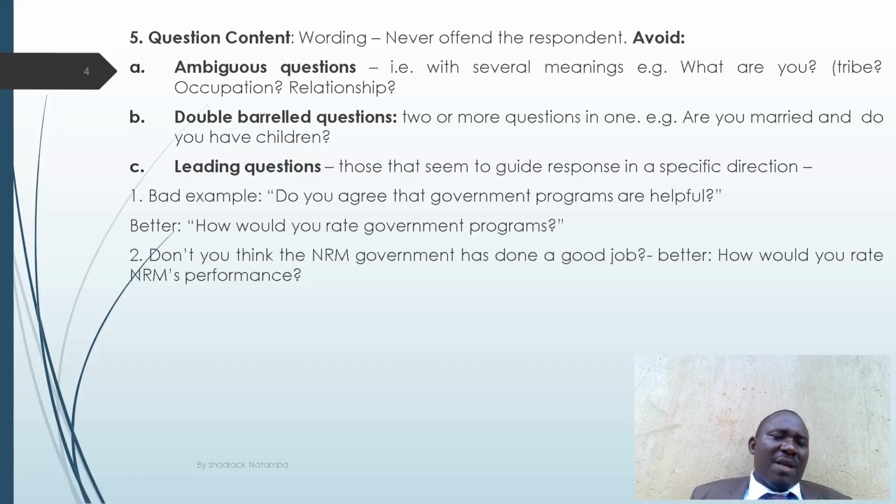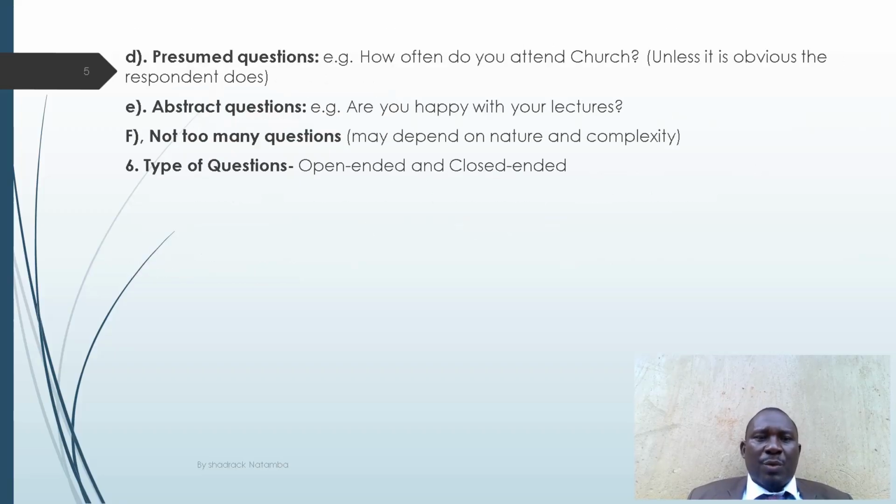The second example I've given here, don't you think the NRM government has done a good job? I think the best way to ask would be, how would you rate NRM's performance? This will help the person rate based on what they actually know and intend. Then the other questions you need to avoid are presumed questions. You assume something about the respondent. For example, how often do you attend church?